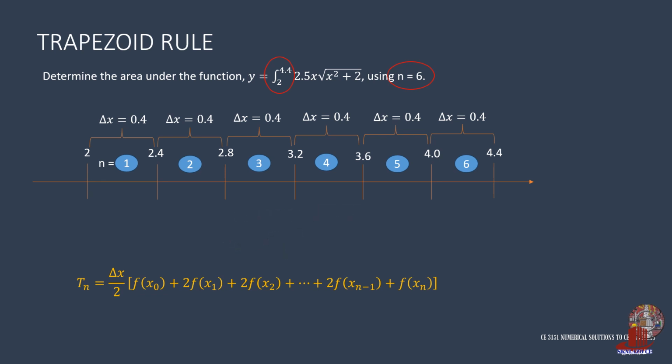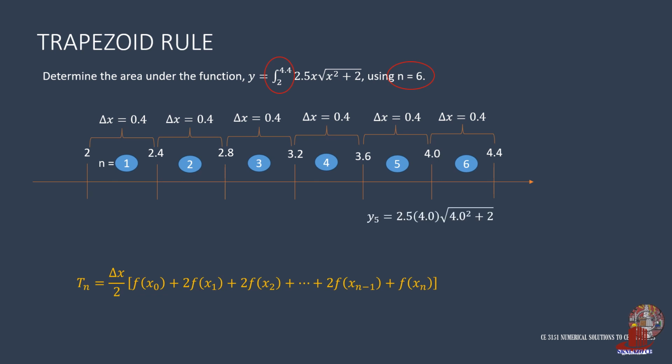Keep on looking for the individual heights of the trapezoids. So y sub 4 uses 3.6, and the height is computed as 2.5 by 3.6 times the root of 3.6 squared plus 2, which is simplified into 9 root of 374 upon 5. For y sub 5, x is 4.